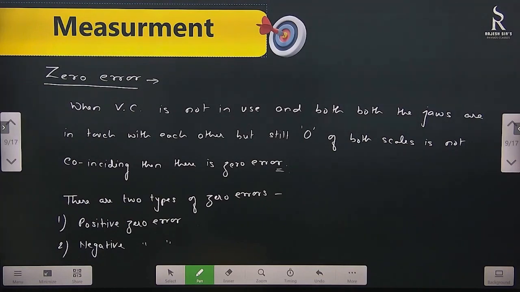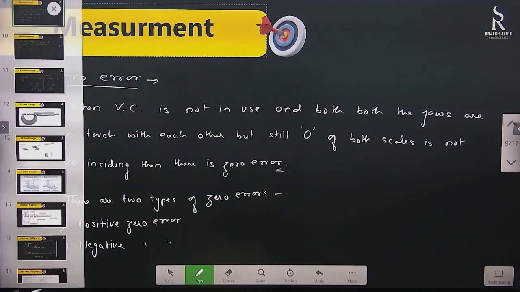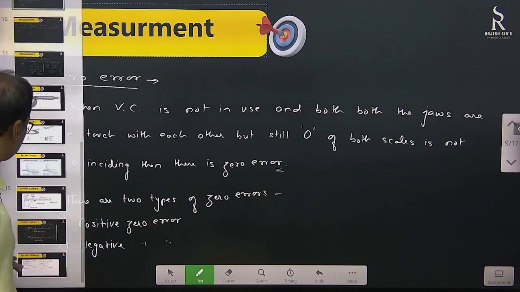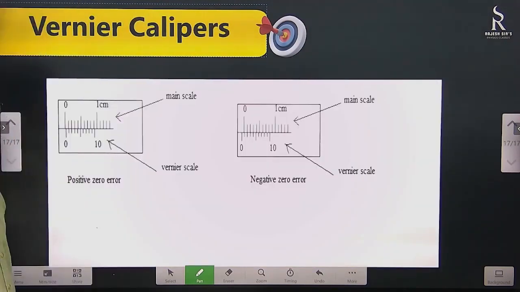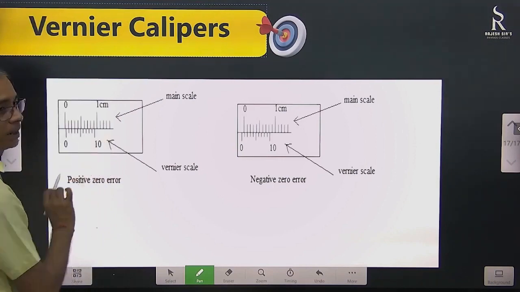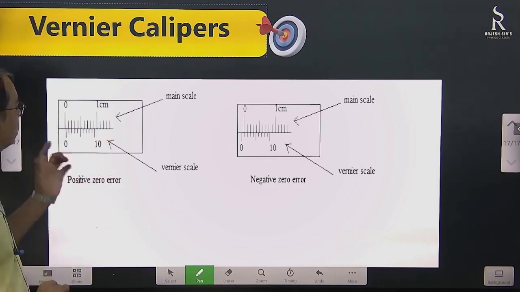Now let's see what is positive zero error and what is negative zero error. The top one is the main scale, the one below is the Vernier scale.